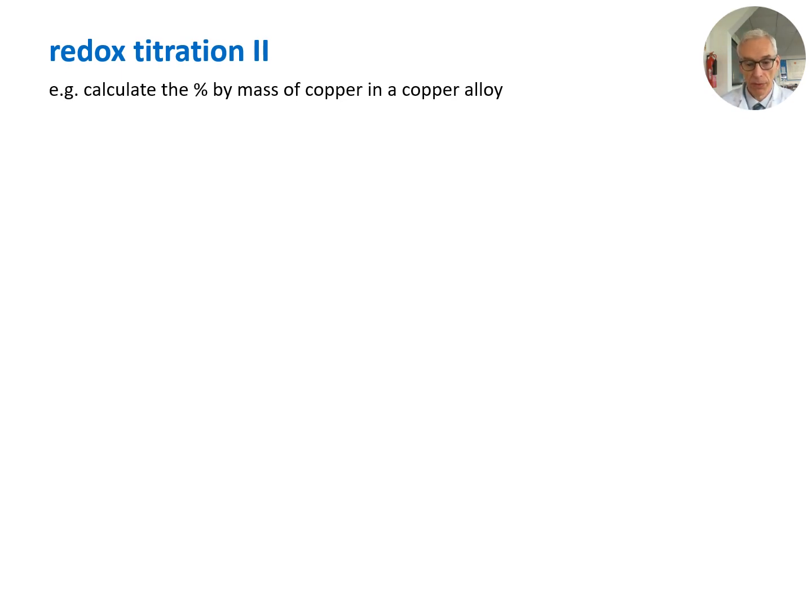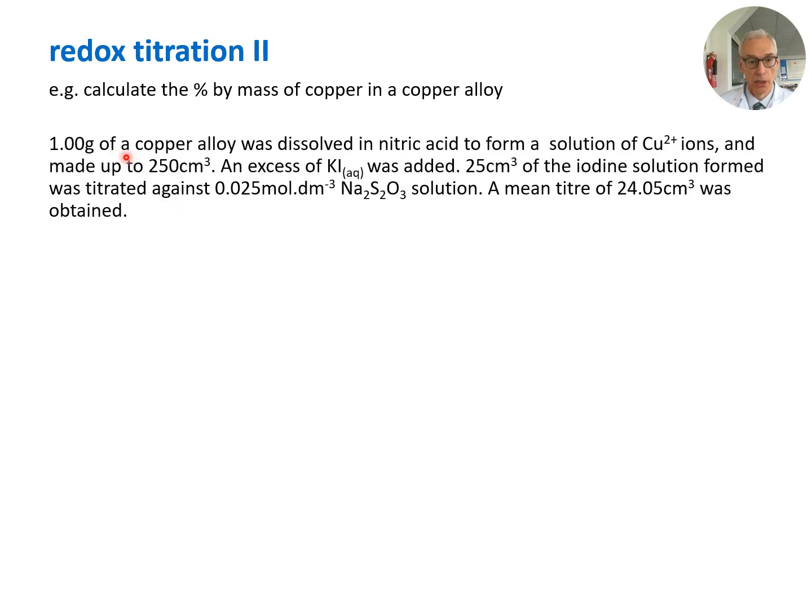So a problem that could be given would be: calculate the percentage by mass of copper in a copper alloy. The sort of data sample would be: 1 gram of the copper alloy was dissolved in nitric acid to form a solution of copper 2+ ions and was then made up to 250 centimeters cubed. An excess of potassium iodide is added.